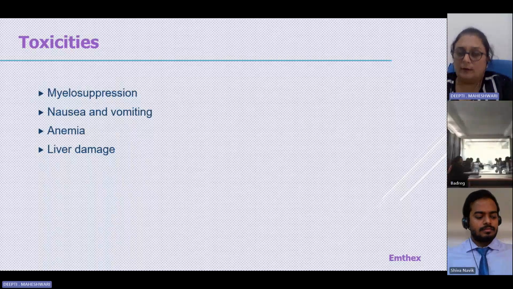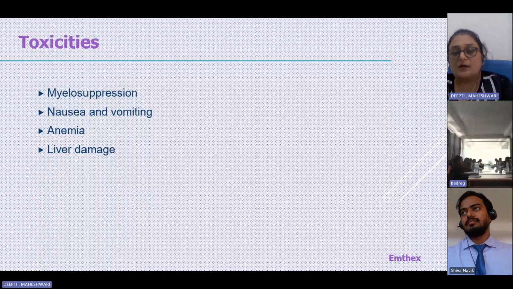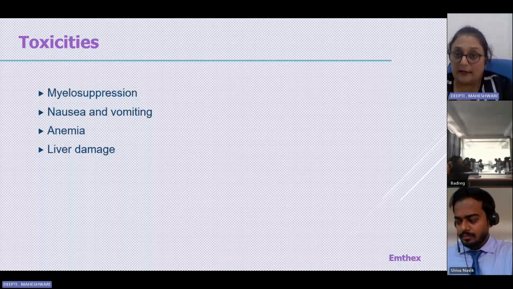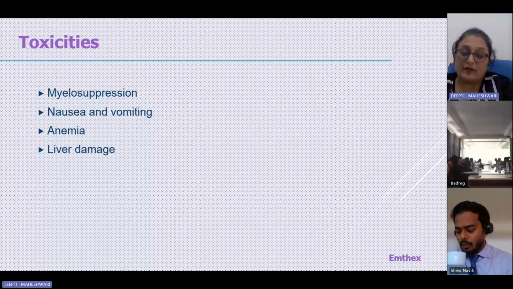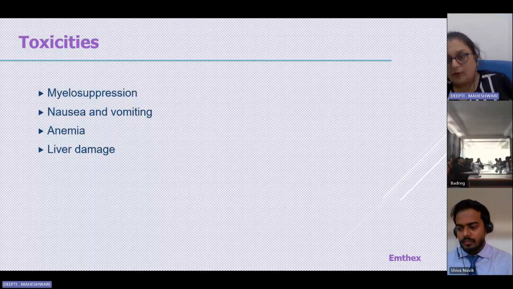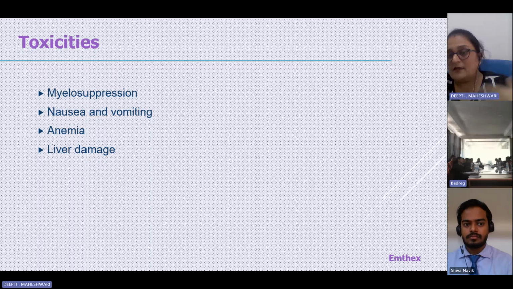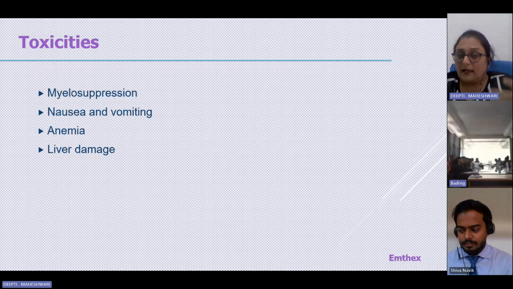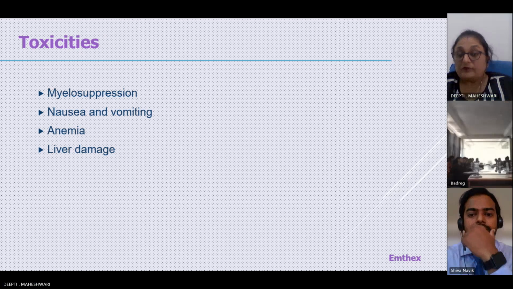But in the human body, there are other cells also which multiply and grow very fast, like your RBCs, WBCs, platelets, which are present and manufactured inside the bone marrow. Every day you require RBCs, WBCs, and platelets, which are getting formed inside the bone marrow. So they multiply and grow very fast.